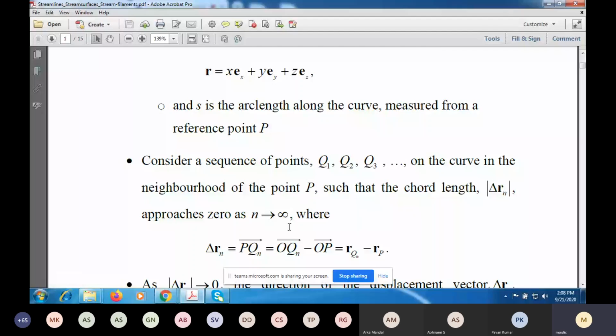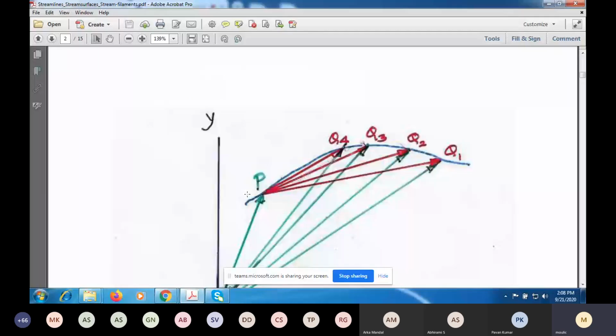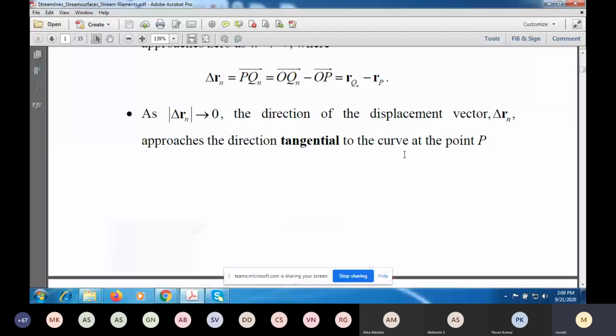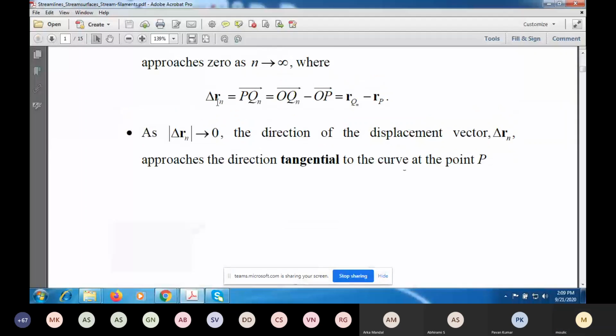So by chord length, I mean the length of these vectors. So if I want delta R1, it is the length PQ1. Okay. So I can talk of a displacement vector which is PQ1. Likewise, I can talk about another displacement vector PQ2. Okay. So delta Rn is PQn, the nth one.